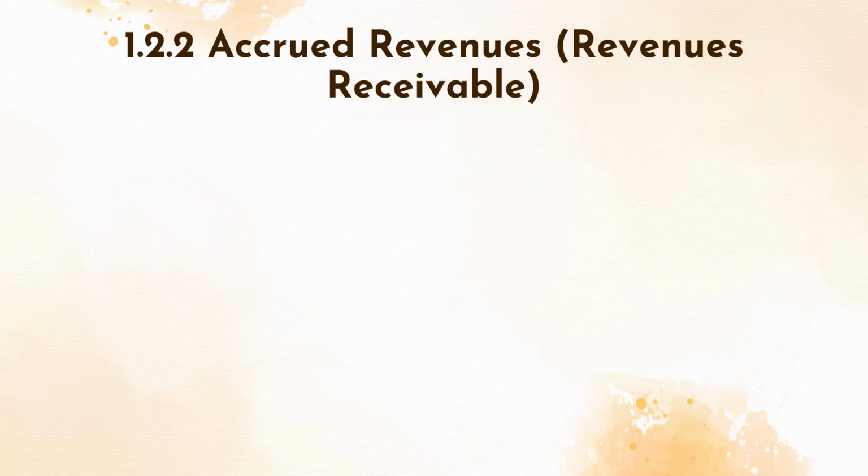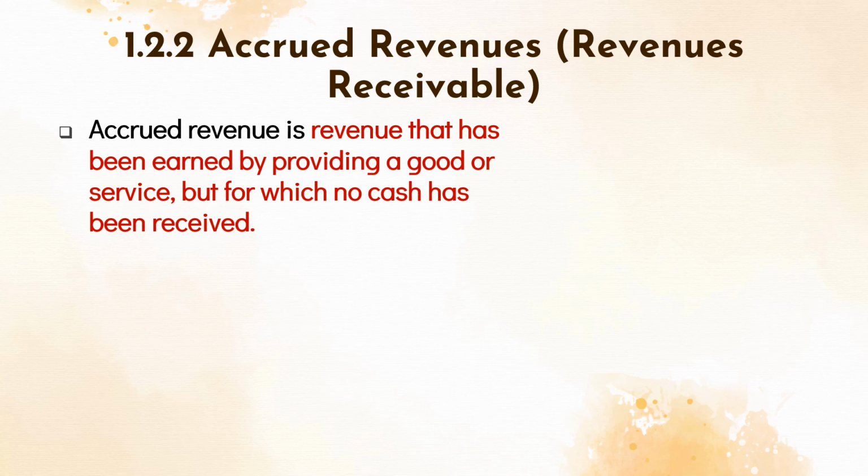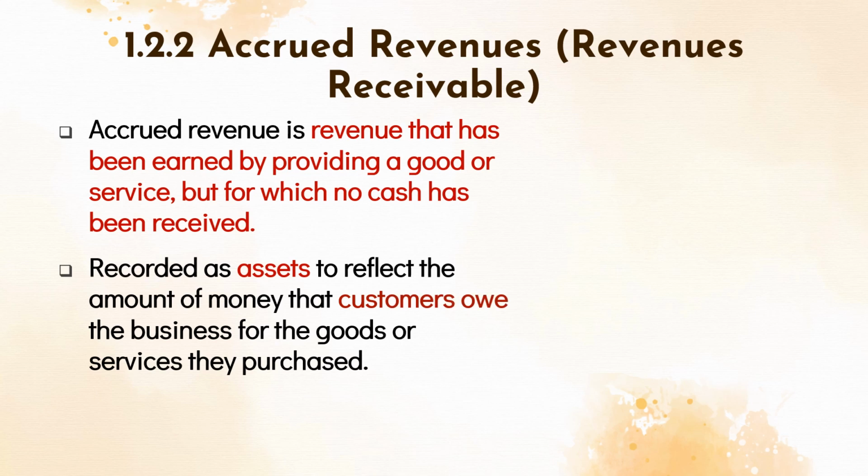Accrued revenues or revenues receivable. Accrued revenue is revenue that has been earned by providing goods or services but for which no cash has been received. Recorded as an asset to reflect the amount of money that the customer owes the business for the goods or services they purchased.